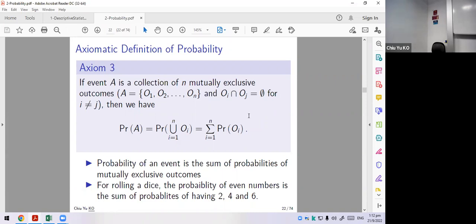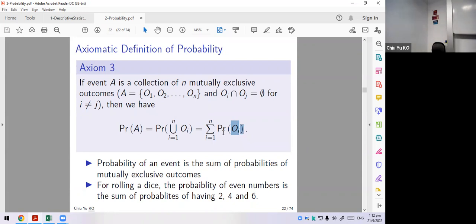This is what mutually exclusive is, and this axiom means the following. The probability of that event, just because the outcomes are mutually exclusive, is the sum of the probabilities of those outcomes. Let me repeat the statement.